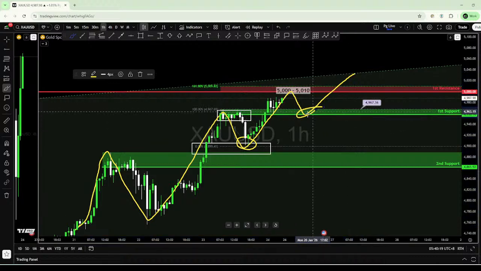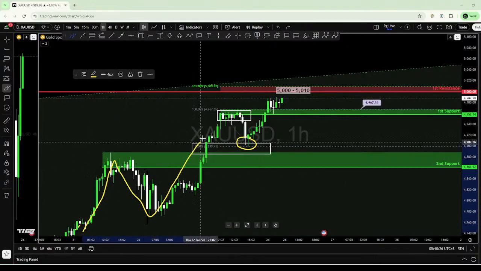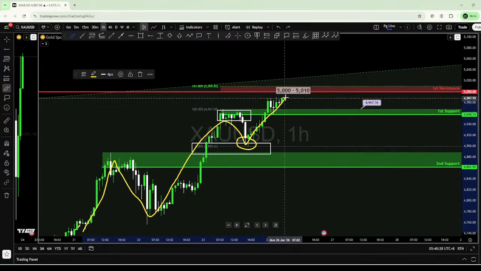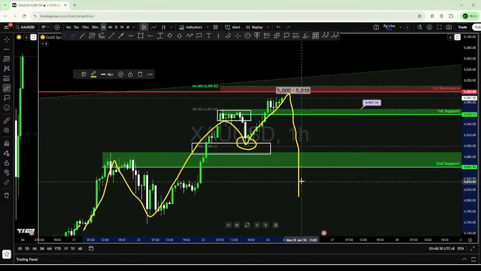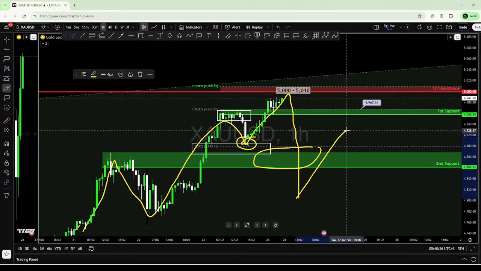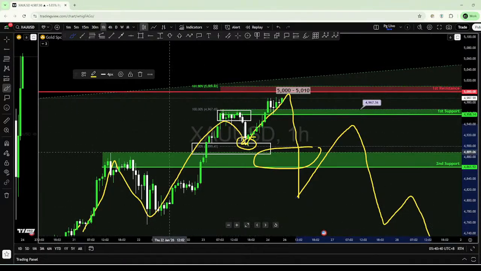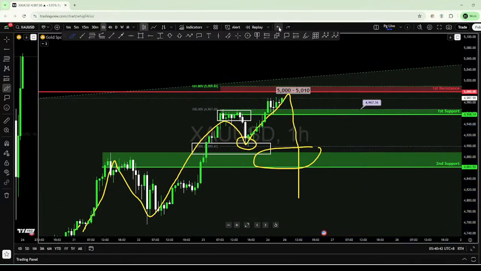Then we know that they're going to continue. But if they only respect here, and then if they can close down below this support level, the bigger picture is maybe going to continue making a lower high. Basically we need to wait for a structure.